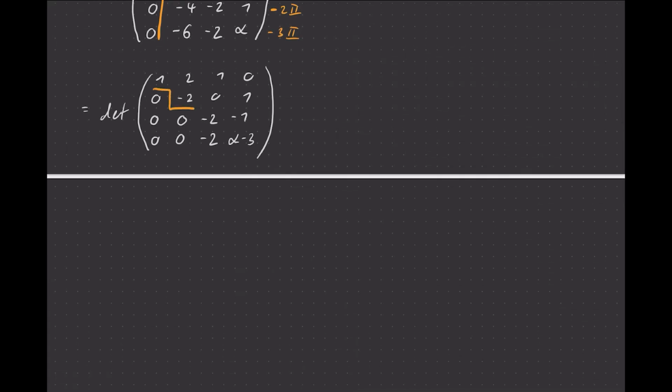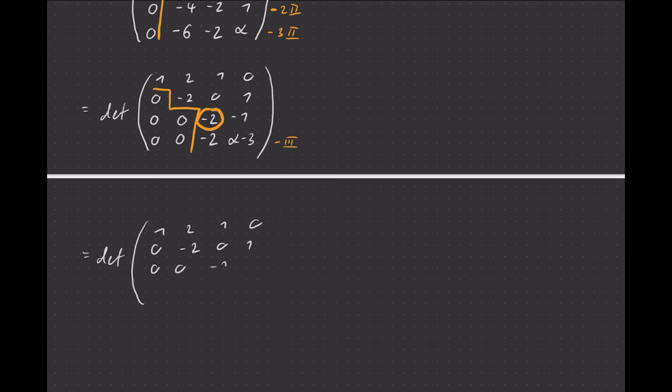So here I have echelon form already. Next pivot I'm going to choose is this one here. And I'm just going to subtract that third row from the last one. And again, that's an operation that does not change the determinant. So I can just copy the first 3 rows here.